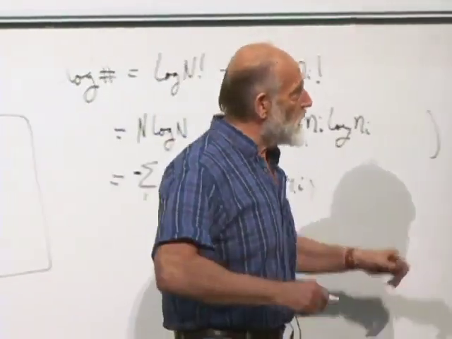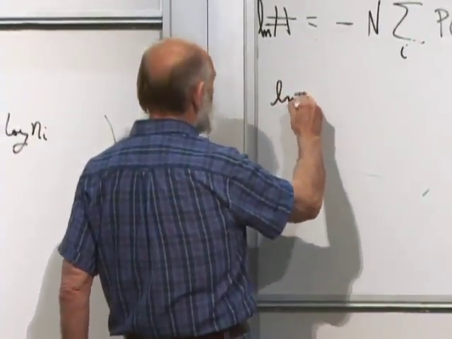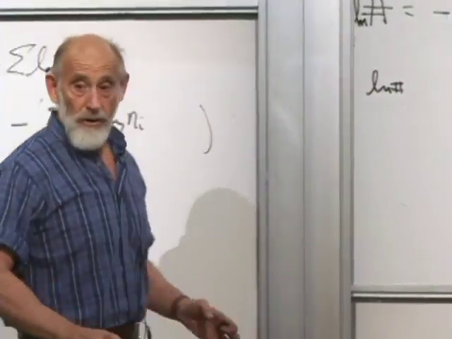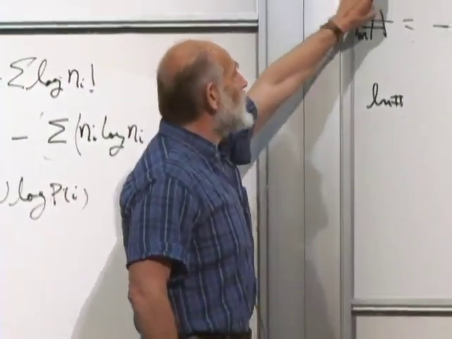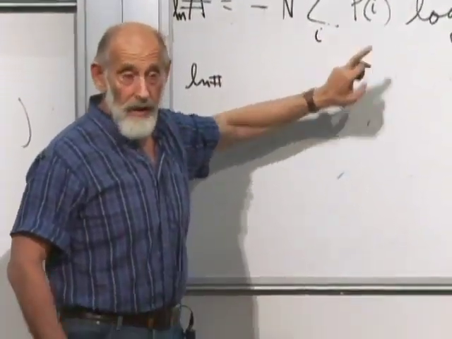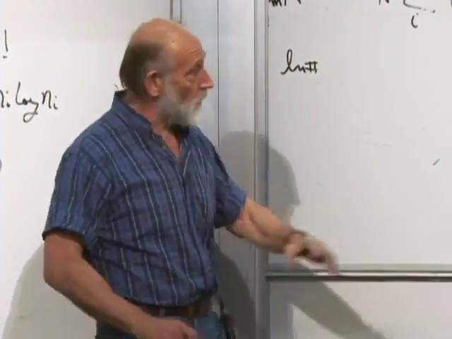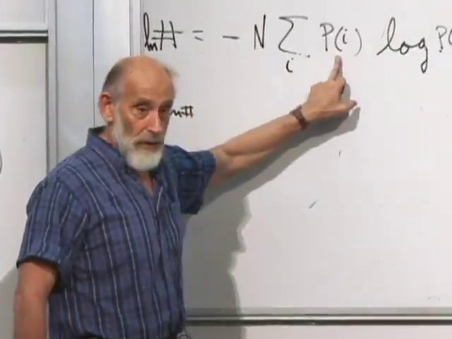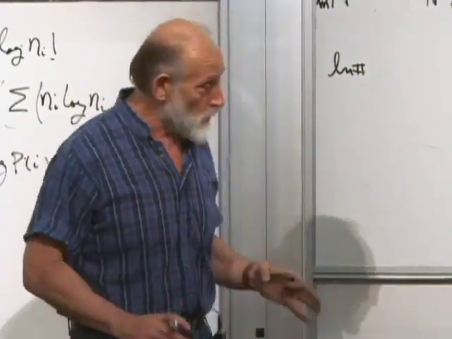So what we do then is we take this quantity, log of pound, and remember, what is it a function of? You can think of it either as a function of the n sub i's or a function of the p sub i's. In this problem, the variables that we're maximizing with respect to are these probabilities themselves. We're trying to find the most likely probability distribution.